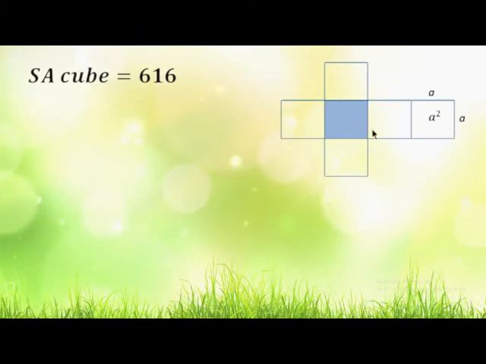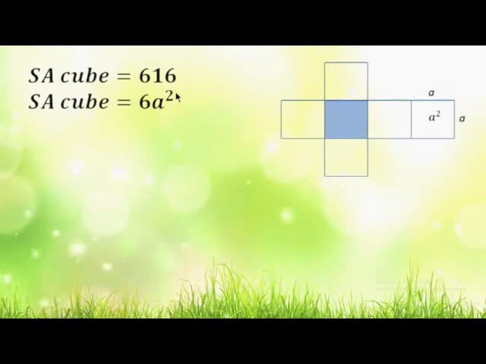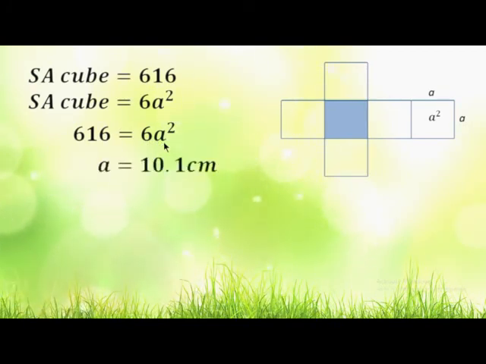Since there are 6 squares and each square equals A square, the surface area of a cube equals 6 times A square. We're going to find the value of the side of the cube. We know that the surface area of the cube is 616, so 616 equals 6A square. By calculator, you can find that A equals 10.1 centimeters.